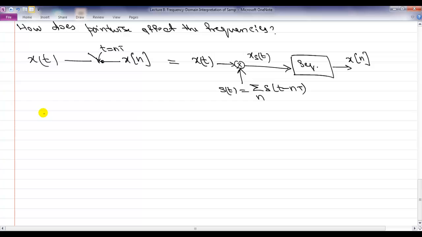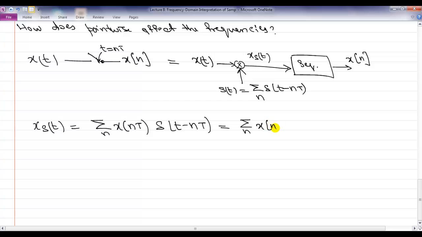So what we have is that xs(t), the way we write that, is nothing but summation over n of x(nT) delta of t minus nT, and x(nT) is of course just the sequence x[n]. So xs(t) is the summation of x[n] delta of t minus nT.